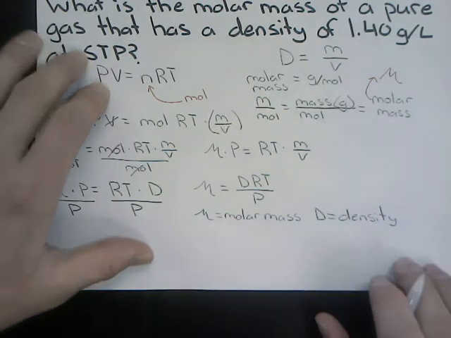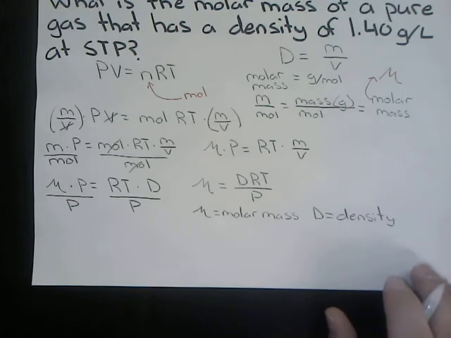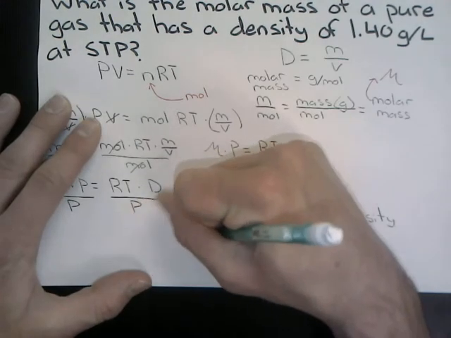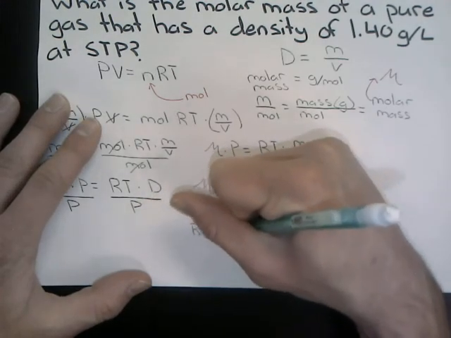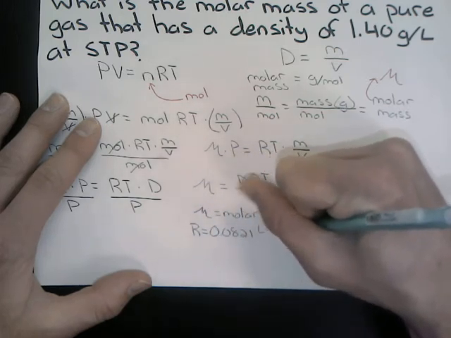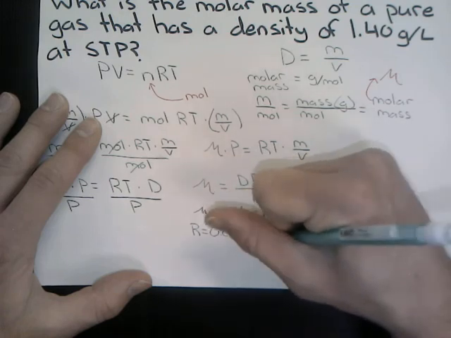And then our ideal gas law constant is still the same, and that is R equal to 0.0821 liter atmosphere per mole Kelvin.